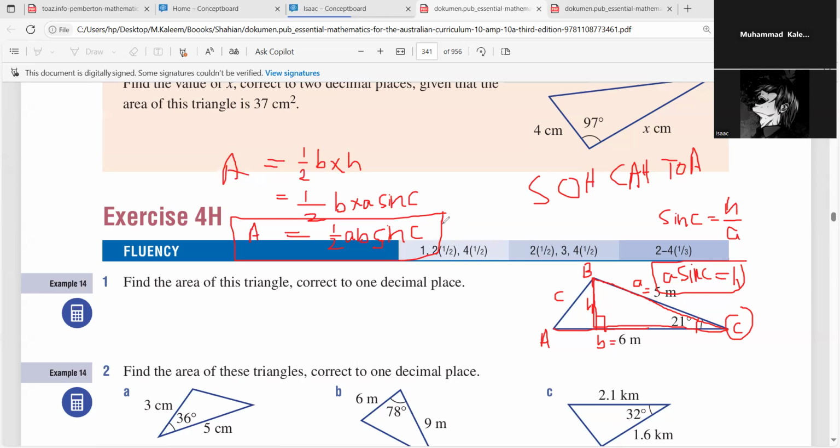This is a direct formula. Otherwise, if you calculate height first, then multiply with base, then divide by 2, that will give you the same answer. Do you understand what I mean? Okay.